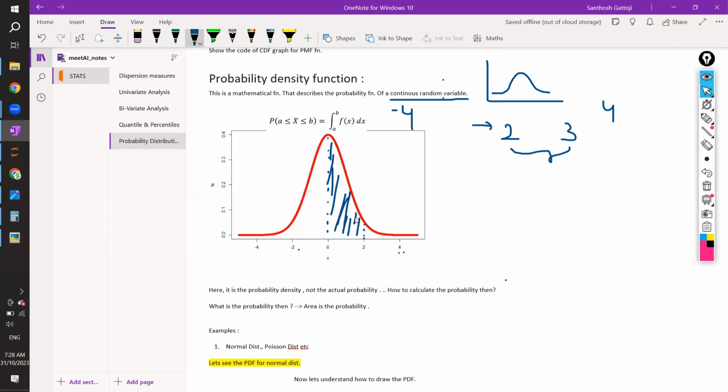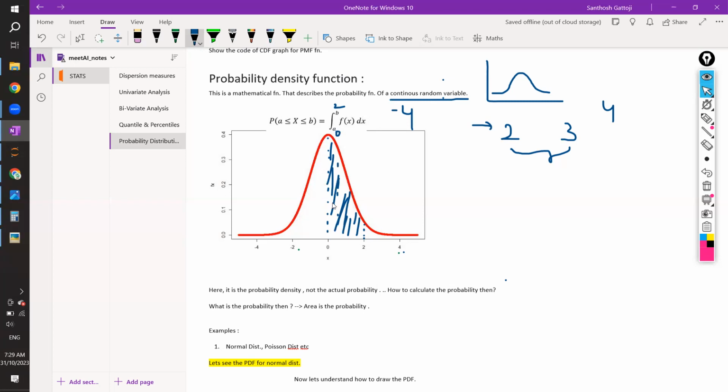You don't need to do all the integration, but the concept is: each distribution will have a function, and if you integrate that function f of x from a to b, here from 0 to 2, you will get this area. That area is simply the probability.